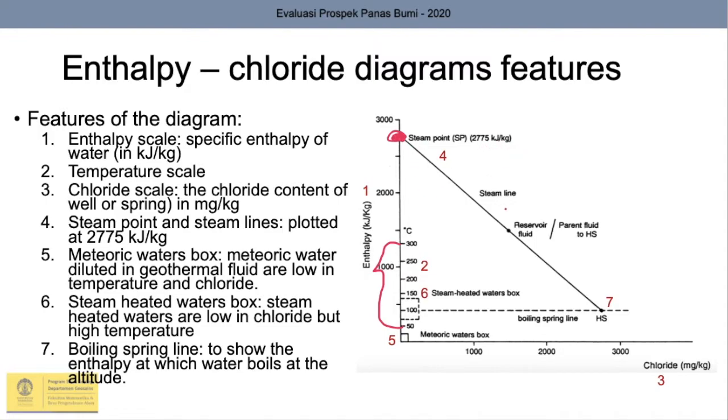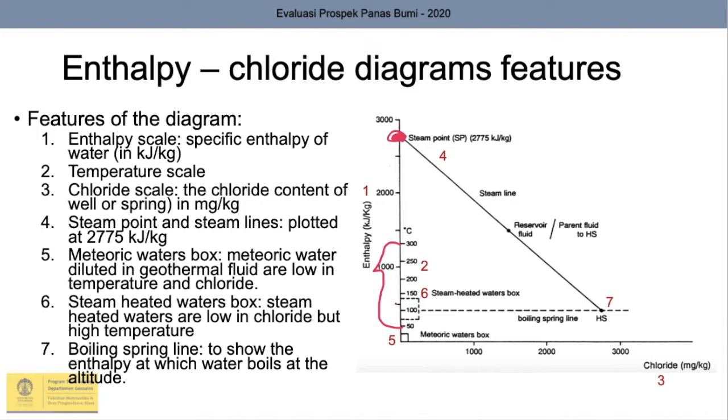And here along the steam line, we also have the reservoir fluid plot and the HS plot. As for number 5, we have a meteoric water box, which is filled with meteoric water, and it is low in temperature and also low in chloride because usually rainwater does not contain high chloride. And for number 6, we have a steam heated water box.